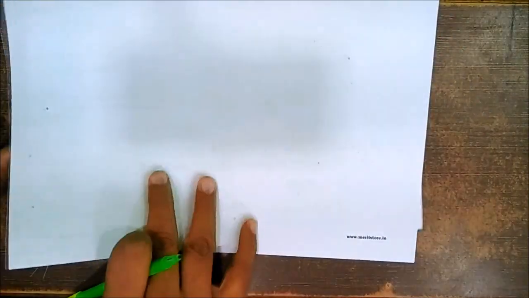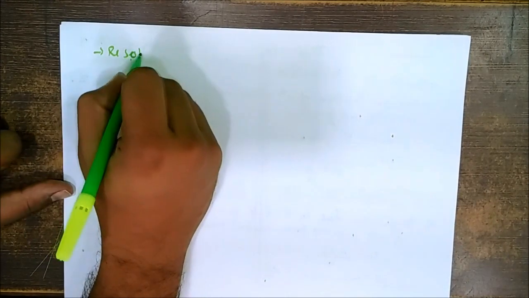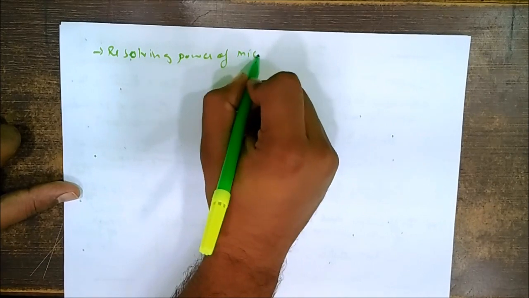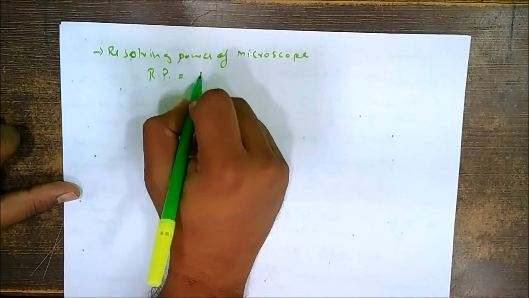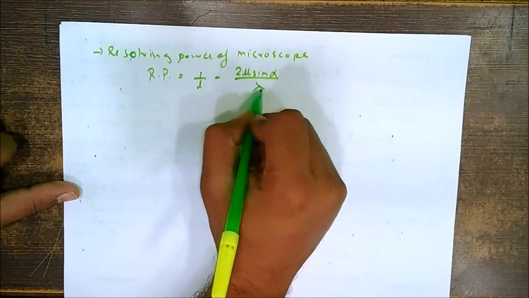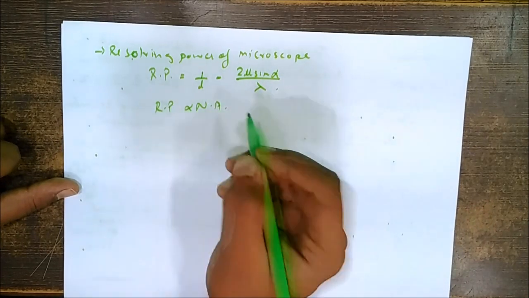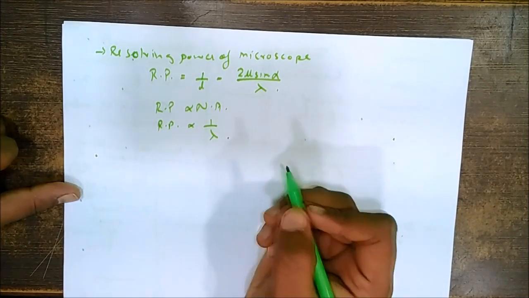Now, the important formula is on resolving power. So resolving power of a microscope, we have 1 upon d is equal to 2 mu sin alpha by lambda, that is directly proportional to numerical aperture, and inversely proportional to lambda.